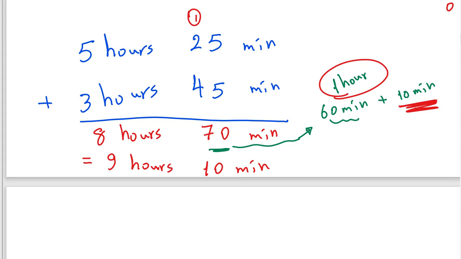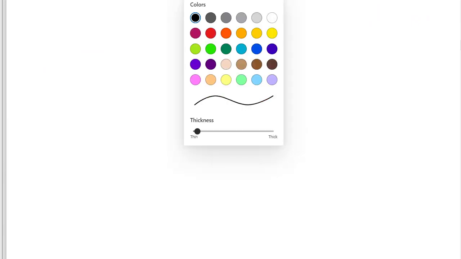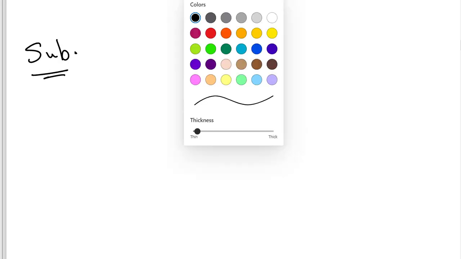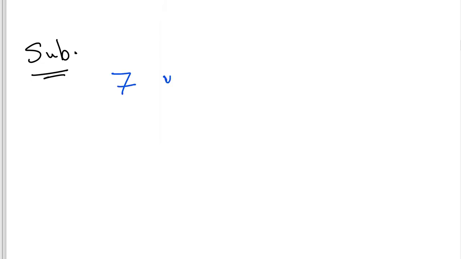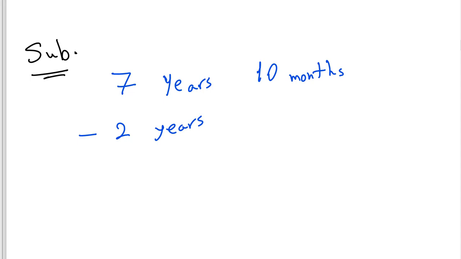Okay, let's do this one more time, but this time let's take it as subtraction. Okay, for subtraction, let's see a question. Let's make it different. Okay, 7 years, 10 months, minus 2 years and 3 months.